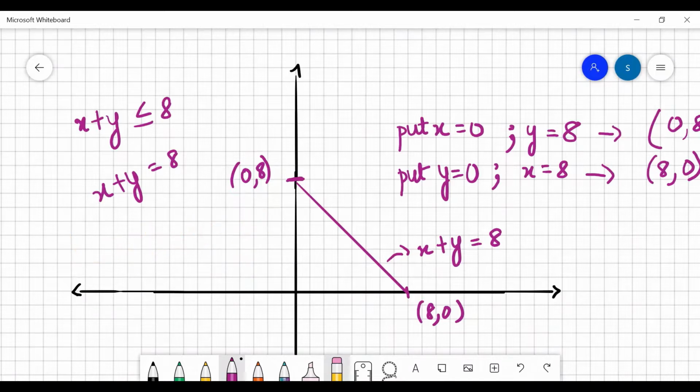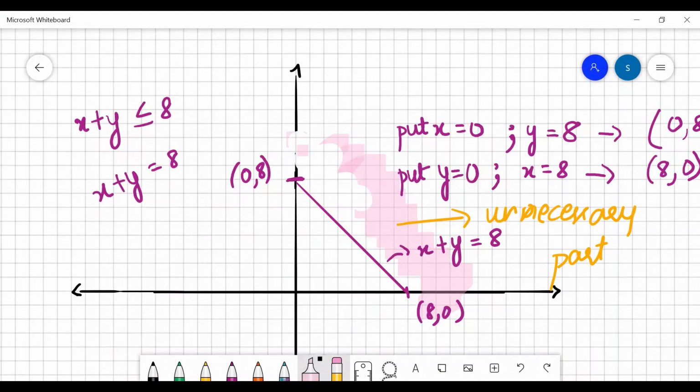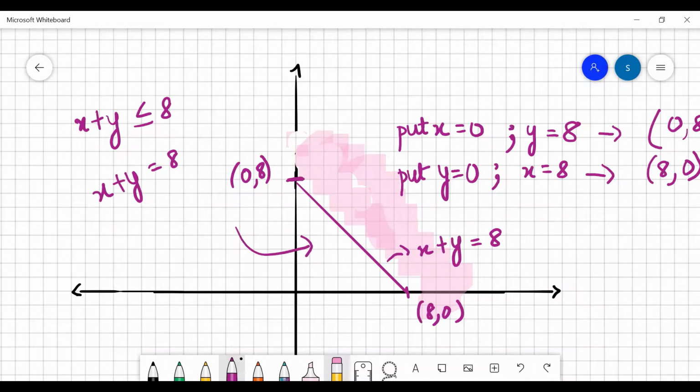Now you have to shade the unnecessary region. So when we say x plus y less than or equal to 8, we do not have to deal with the part that is greater than 8. So we don't have to deal with the region above this line. This is the unnecessary part of the graph. Whereas the other side of the line, the lower side, this is the necessary region. This represents x plus y less than or equal to 8.